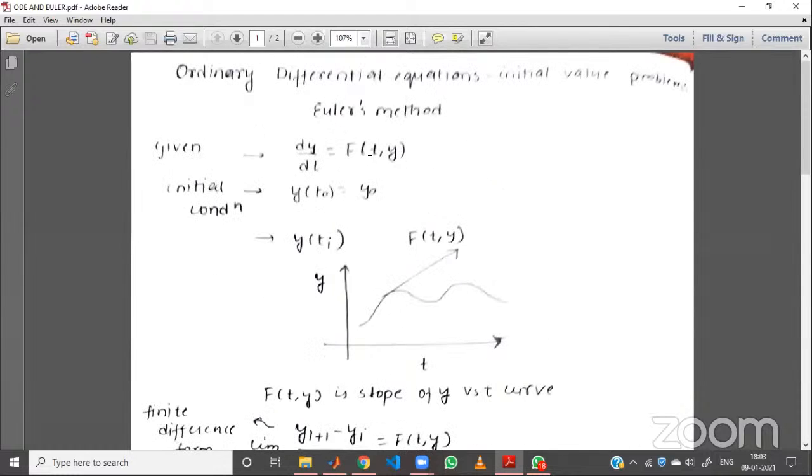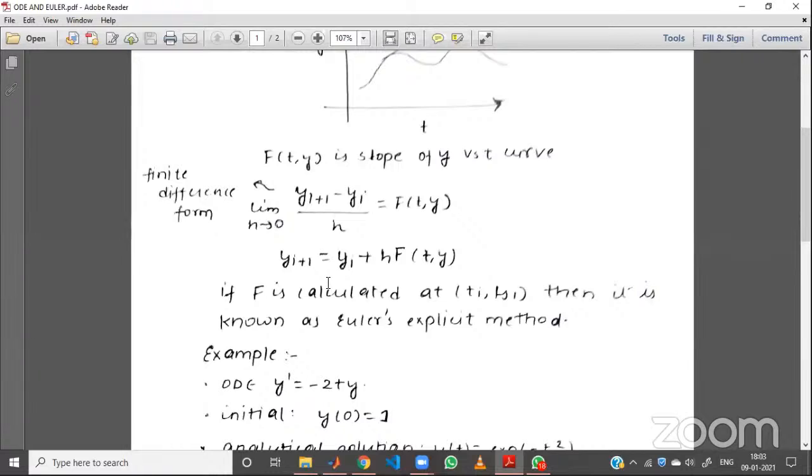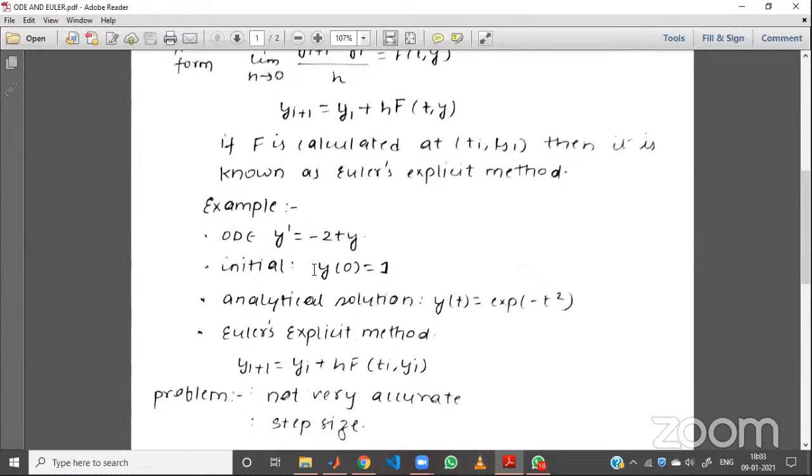This was the main method of finding y; our main aim was finding y. This method is known as Euler's method, or more precisely Euler's explicit method: y of i plus 1 equals y of i plus h times f of t i comma y i.